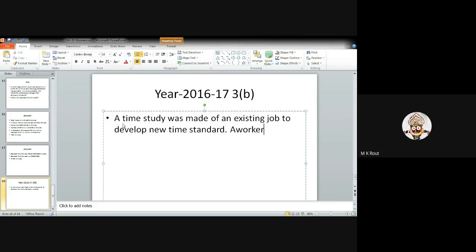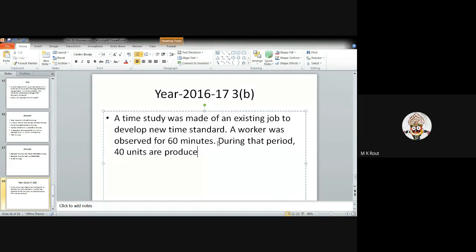A worker was observed for 60 minutes. During that period, 40 units are produced.